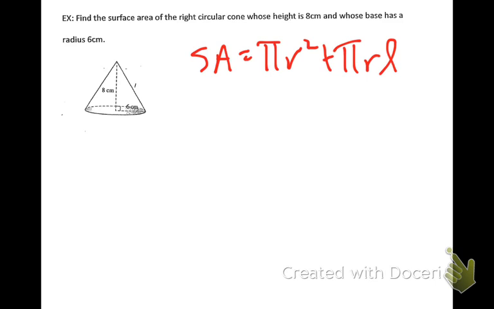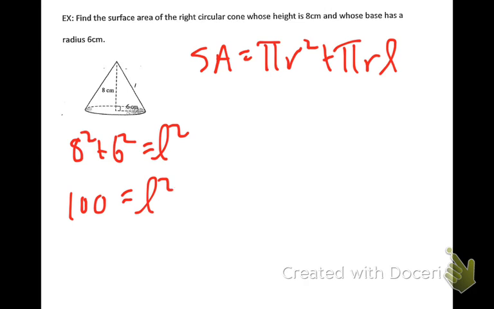How can I do it? Maybe the Pythagorean theorem. Yeah, you're right. It is the Pythagorean theorem because this is a right triangle with base 6 and height 8. So we do 8 squared plus 6 squared equals L squared, which is 100, equals L squared, so L equals 10.